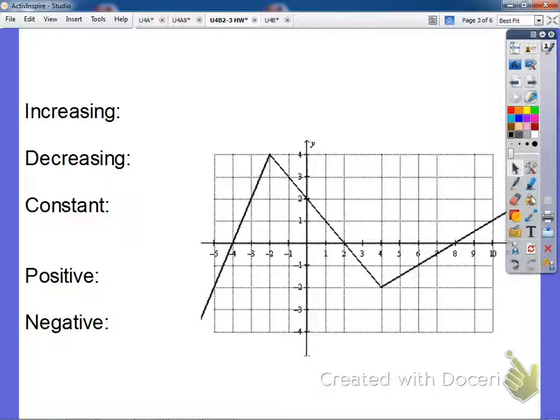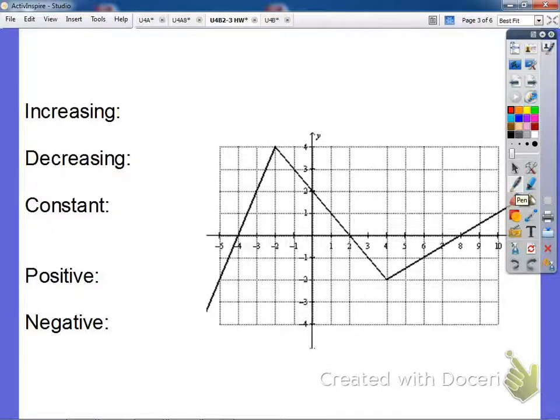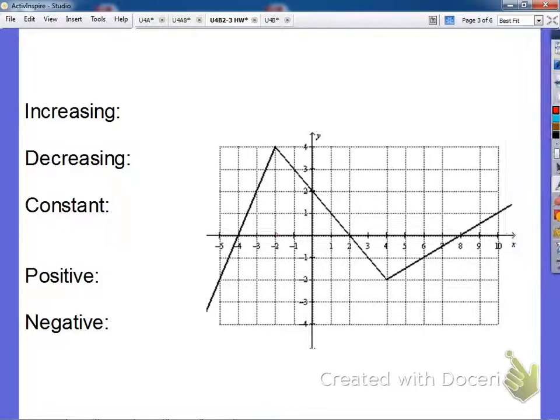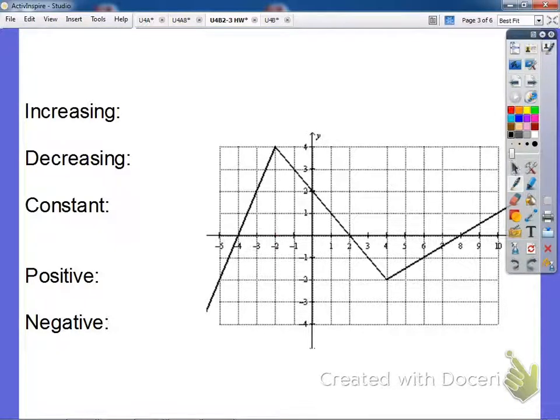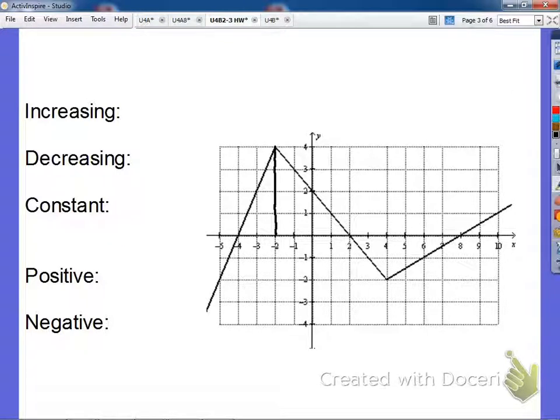I'm going to break this graph into pieces. Increasing, decreasing, constant. So the graph seems to be increasing from -infinity to -2. So there's this section. And then it begins going down, right? It goes down up until this point, so I'm going to take that and divide it up here.